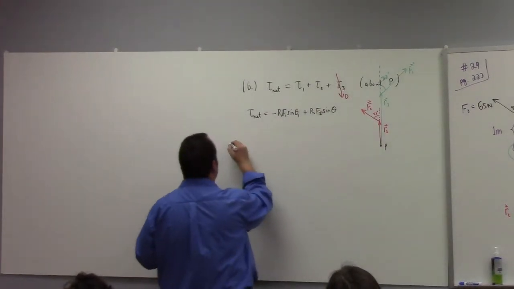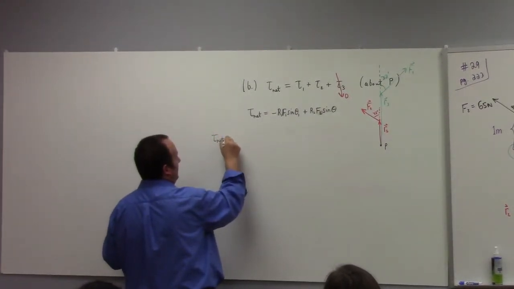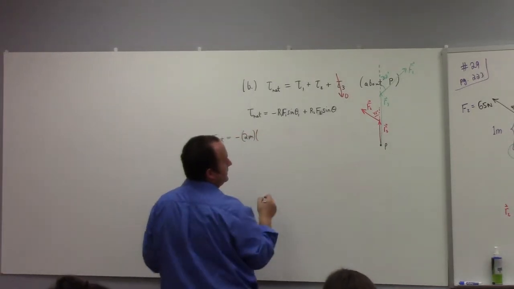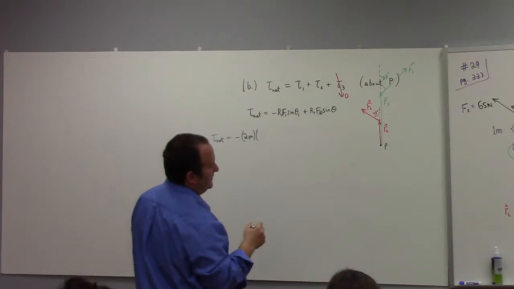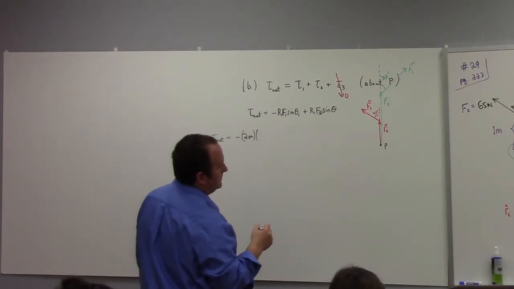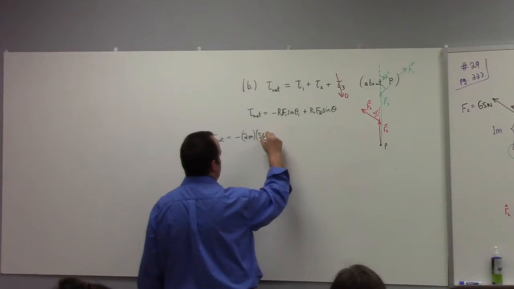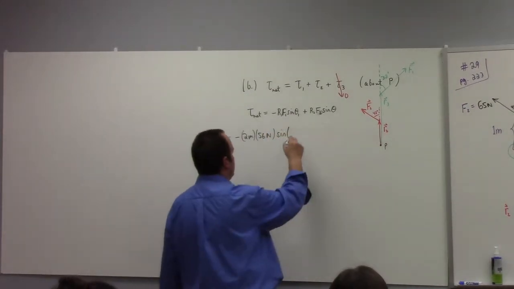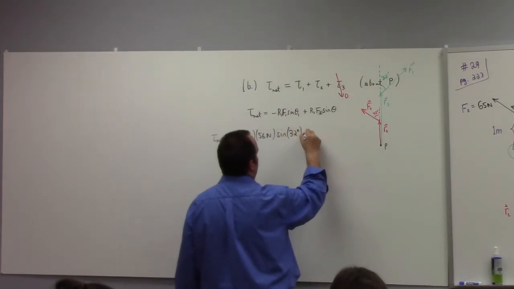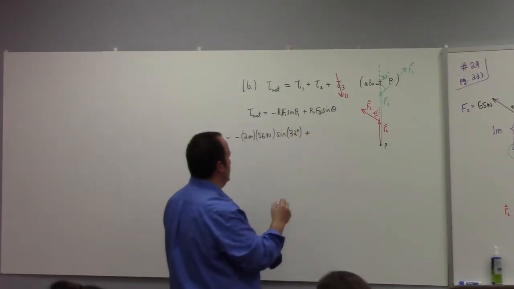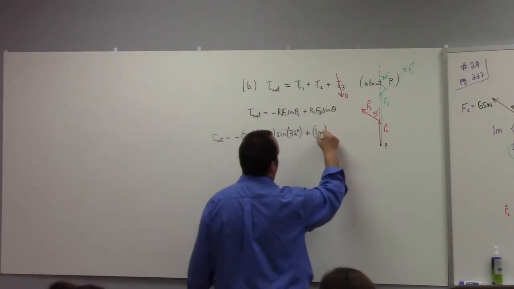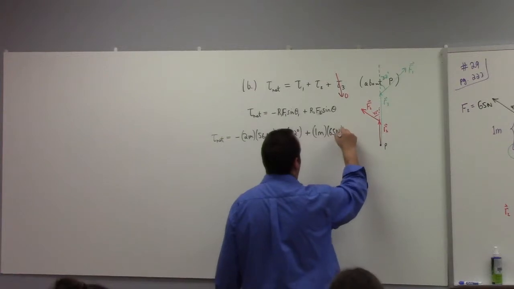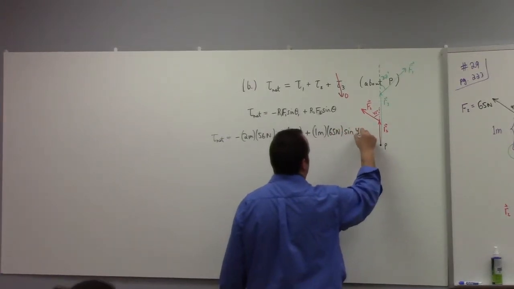All right, so torque net. R1 was minus 2 meters, because that's the distance that F1 is applied relative to P. 56 newtons, yeah, thanks. And then the sine of 32 degrees. And my R2 is 1 meter. F2 was 65 newtons. And that's at sine of 45 degrees.